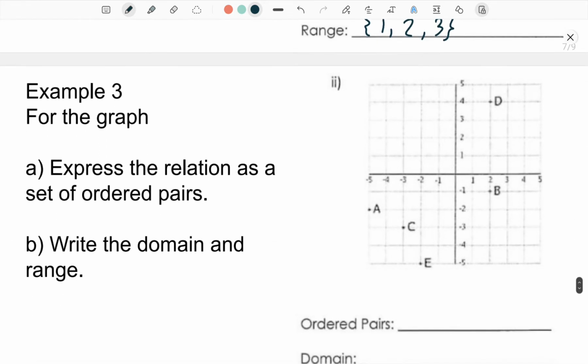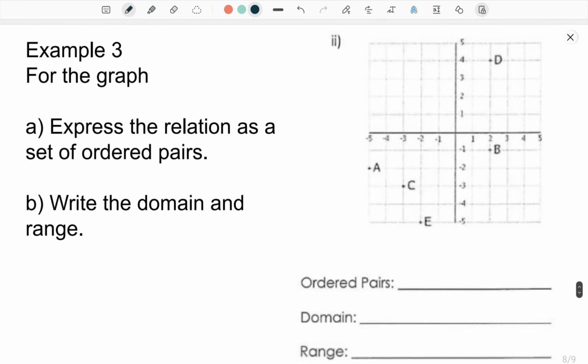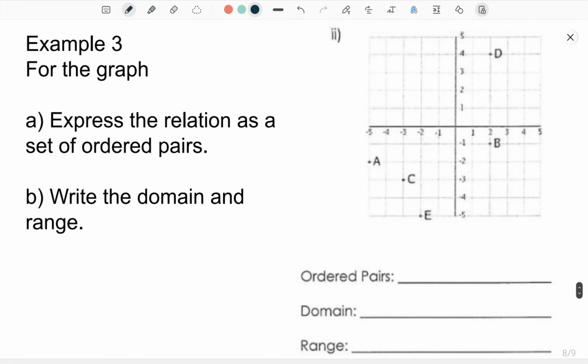So in this one, the points are a little more spread out, but we can still write them out as ordered pairs. So we have point A, it's 5 to the left and down 2. I'm going to just go in order of the letters. So B, 2 to the right, down 1.